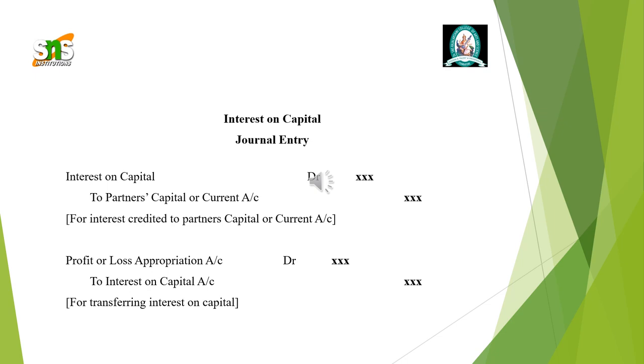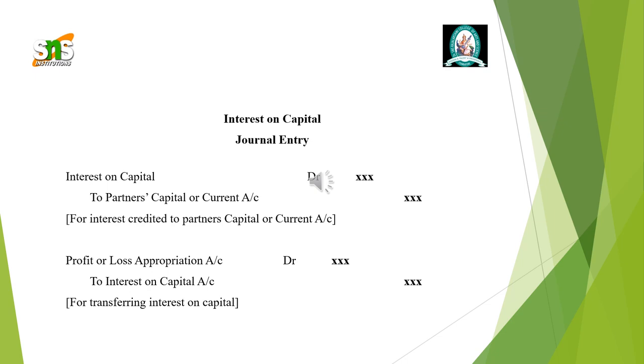If we are following the fixed capital method, then automatically we will have the current account, and when it is the fluctuating capital method, we will have only the capital account. So which account we have to credit becomes a question for us. That's why we have given you both. One is your capital account, another one is your current account.